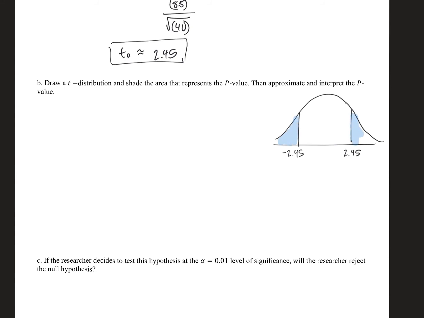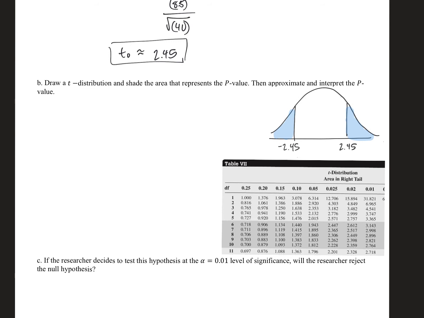Now I'm going to go ahead and bring in the chart from the table. All right, so now I have our table for our t-distribution, and we're going to use this to find the p-value. Okay, so for our p-value, we're looking for 2.45, right? So now this is how it differs from the classical approach.